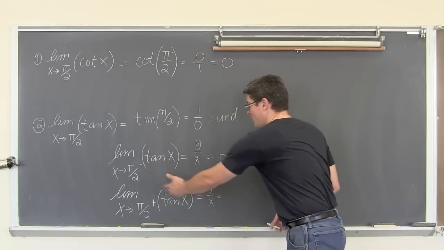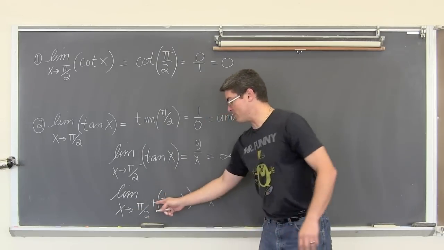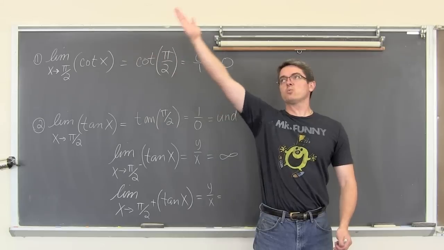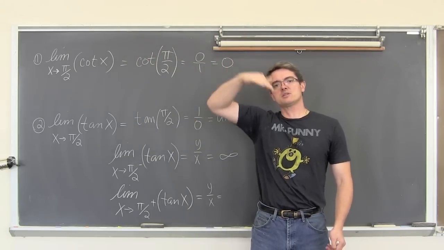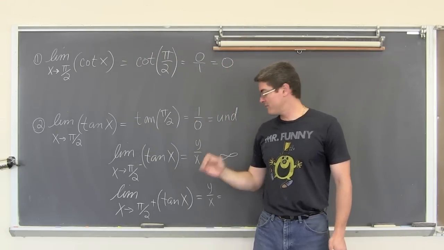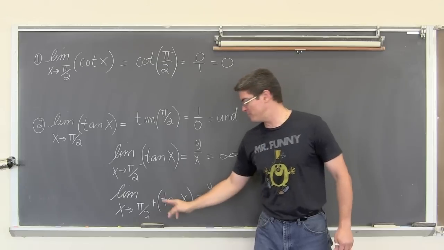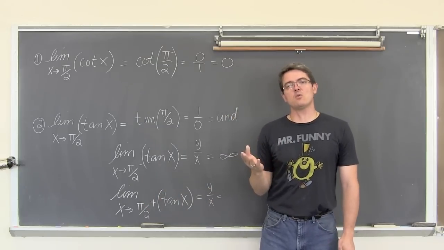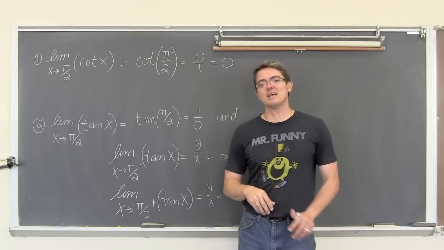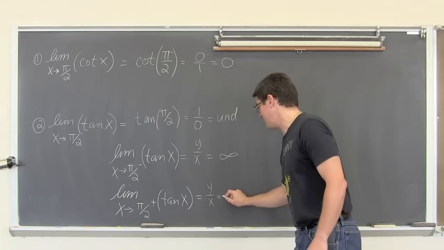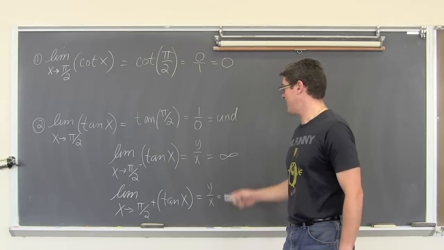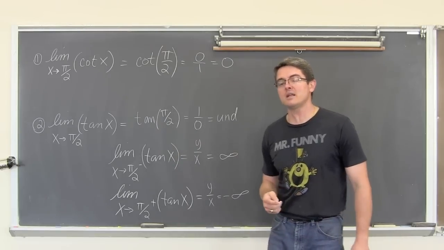So indeed, when x is greater than or approaching pi over 2 from the right, and I'm making my hand motion as if I'm on the unit circle, if my angle measure is just a little bit bigger than pi over 2, then I'm in quadrant 2, and tangent is negative in quadrant 2. So this is going to be negative infinity, and my left and right hand limits are not equal.